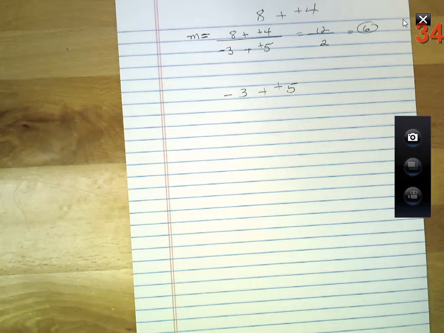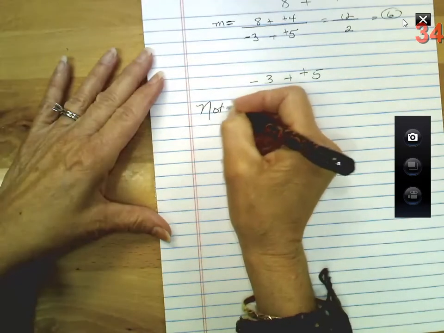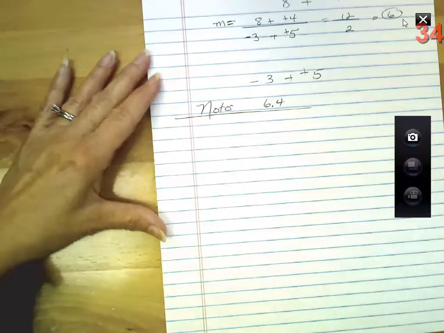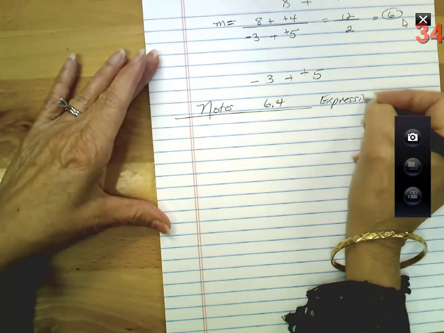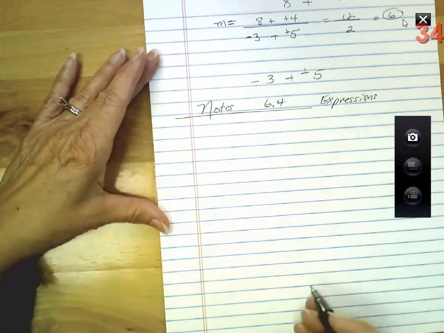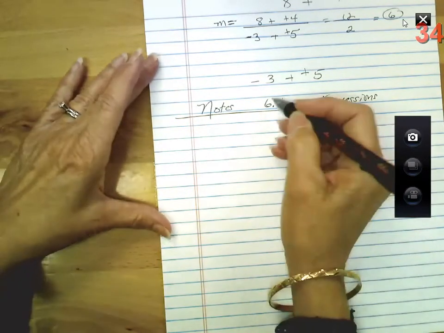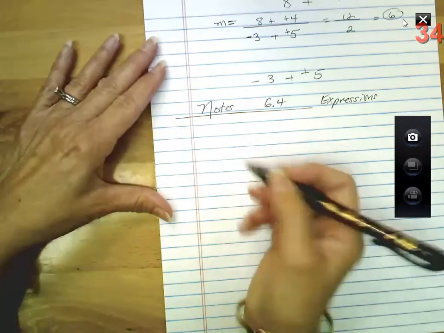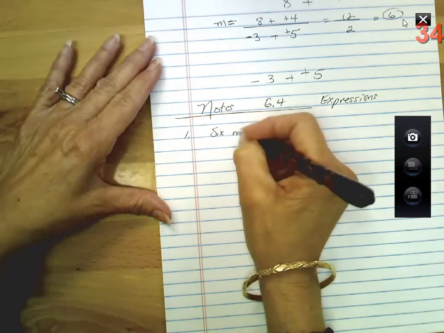So if we're going to do notes for 6.4, these are going to be expressions that we're going to change from words into numbers, and if you put these in your notes, this will help you get your answer.